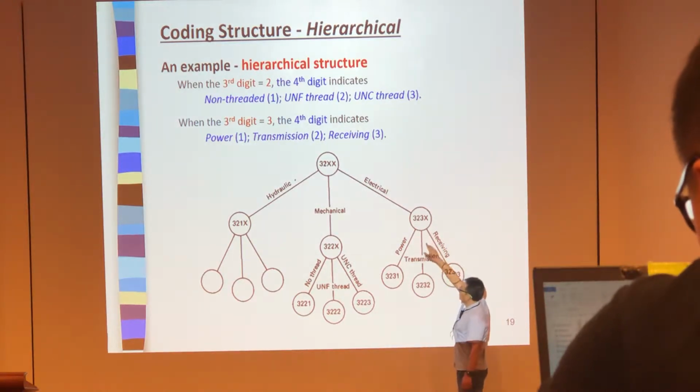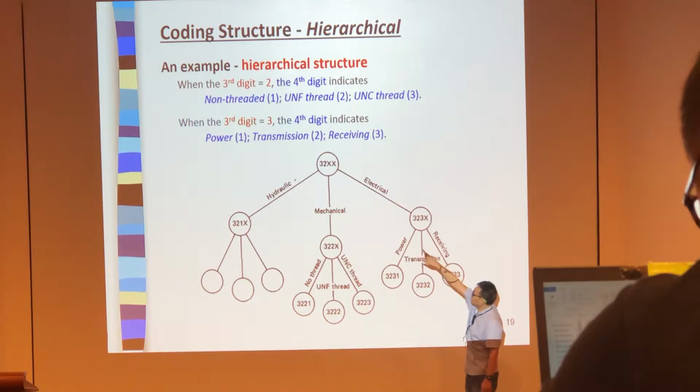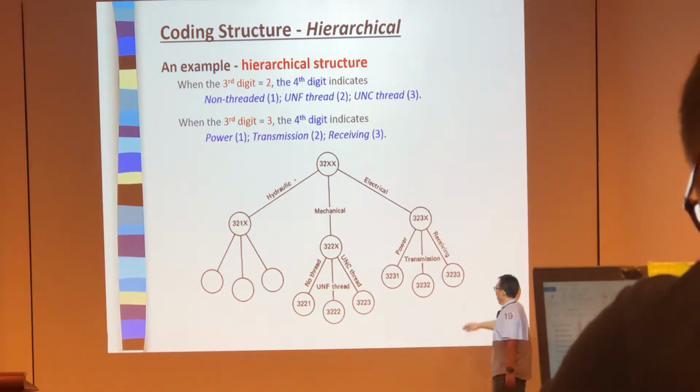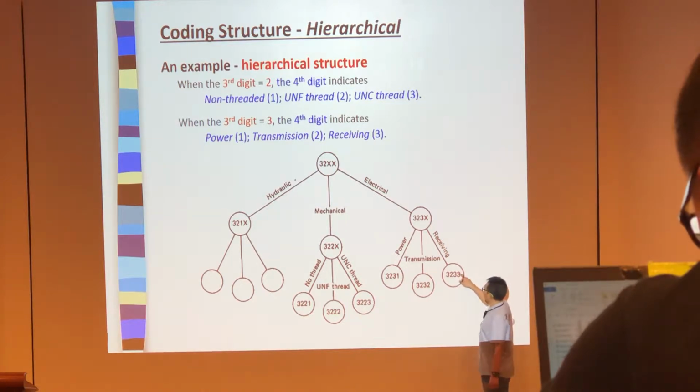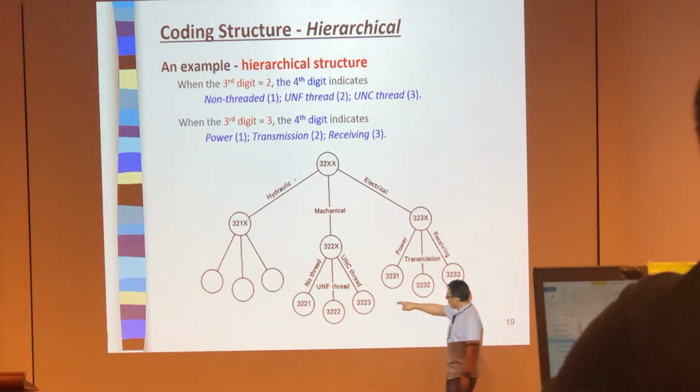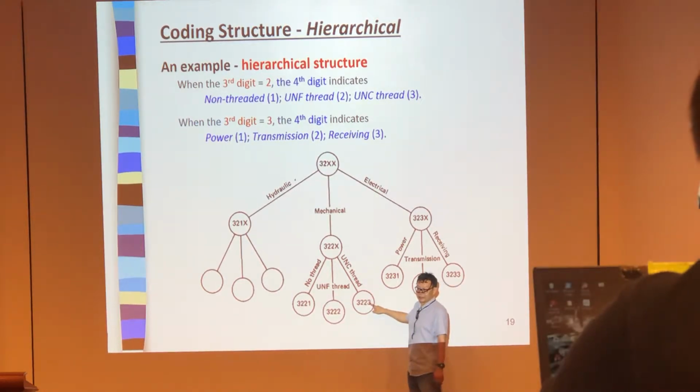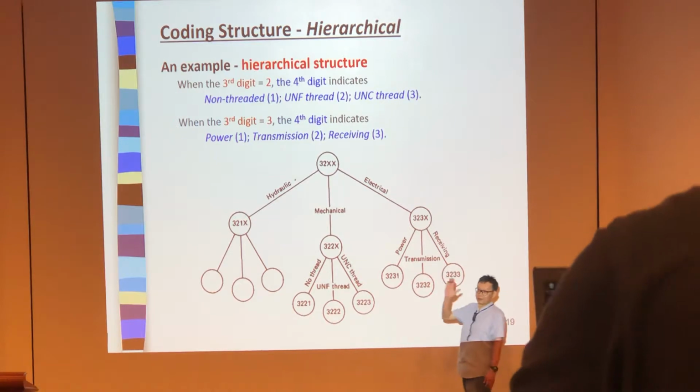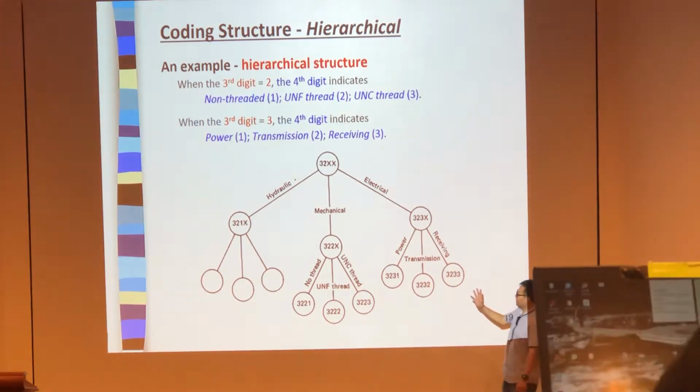We only show the meaning of the last 2 digits: x, 3, 2, don't care. Let's look at the last digit. If it's 3, you can see this is 3, and this one also 3. The last digit with the value 3 could have different meanings.